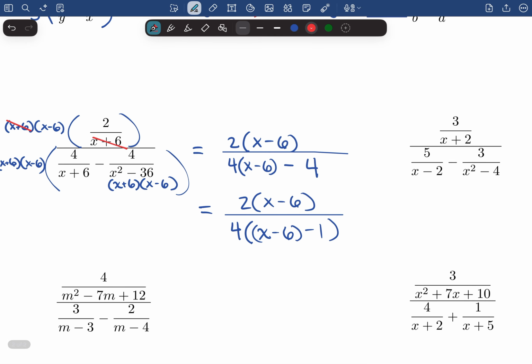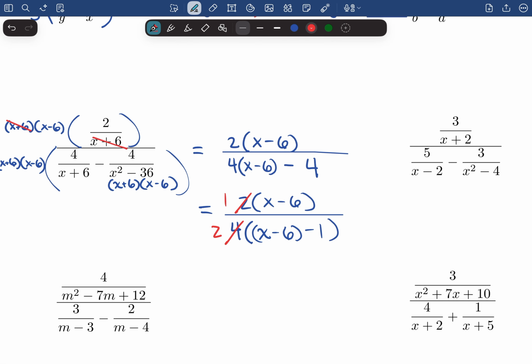And now let's see, can I cancel anything? Well, yes, this technically will reduce this fraction of 2 over 4, since they were factors, is just 1 over 2. It reduces to 1 over 2.